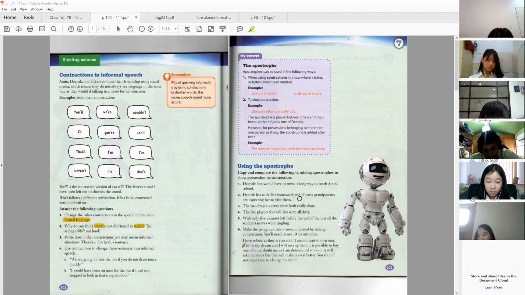Number 1, number 2, number 3, number 4, and number 5. After Deepak's, the S. Deepak's is without it. After S or before S?